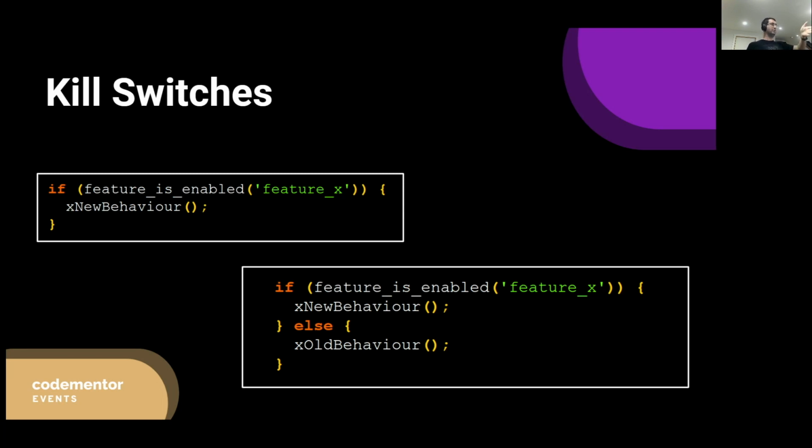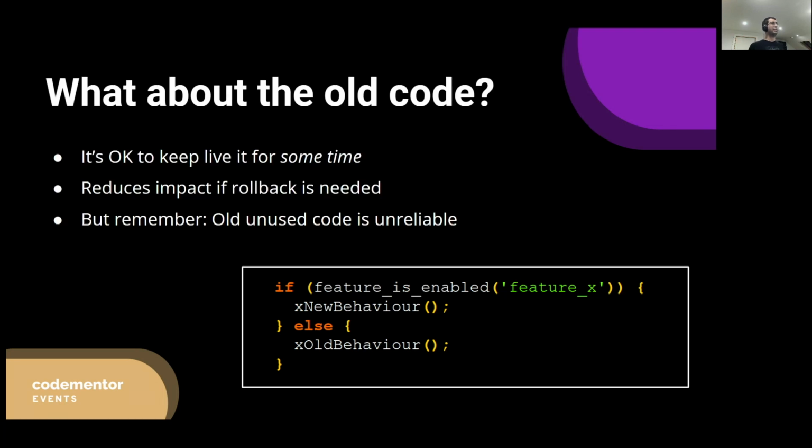What about the old code? How long will this keep there? So, it's okay to keep it live for some time. It can reduce the impact if a rollback is needed. But let's just remember that after some time, this X old behavior call is probably unreliable and should be removed.